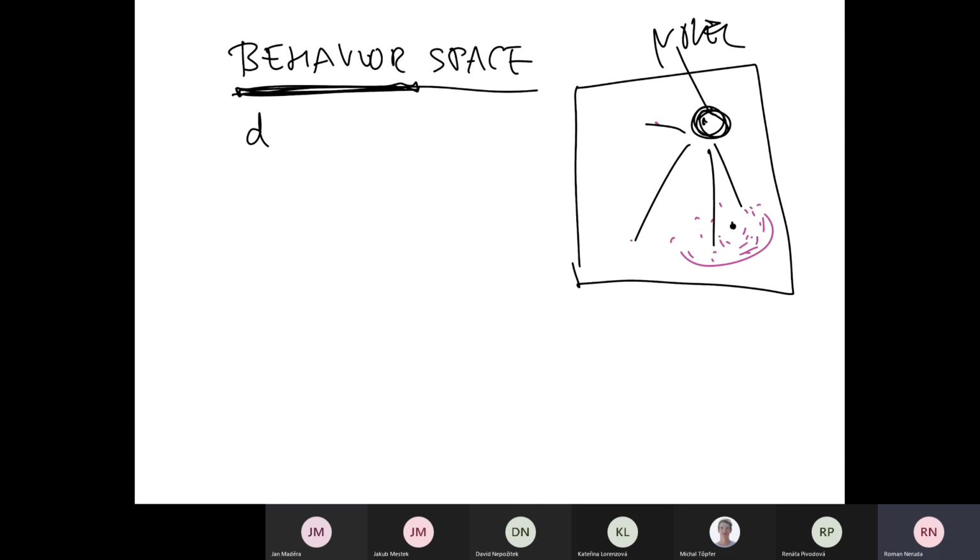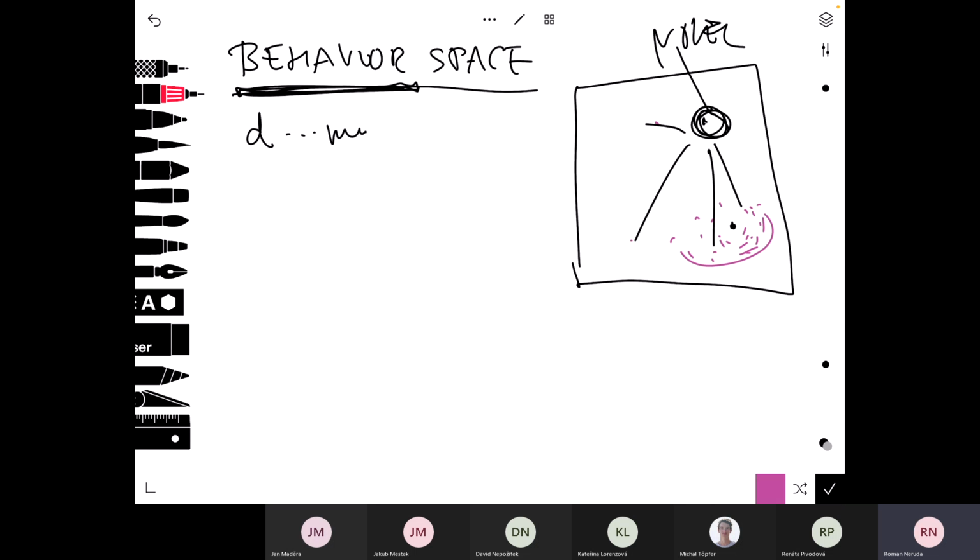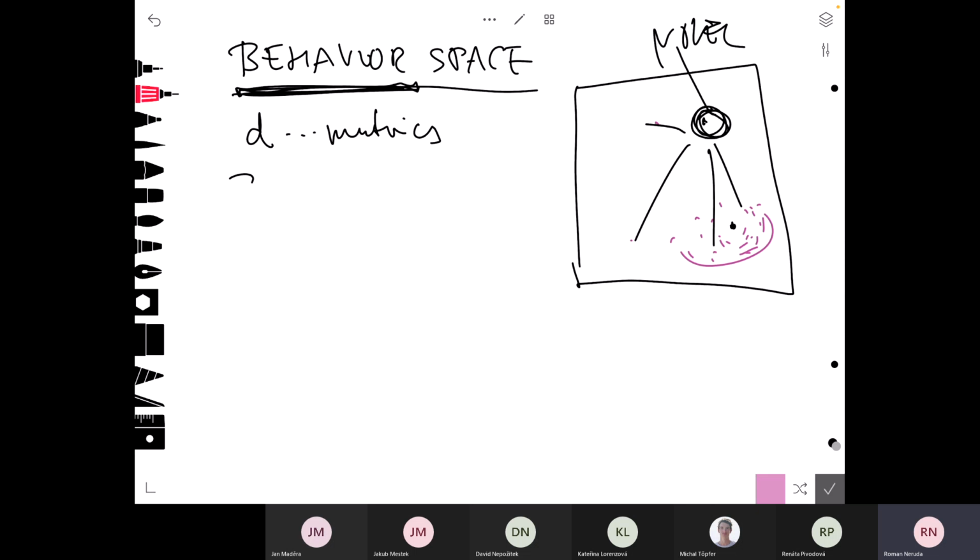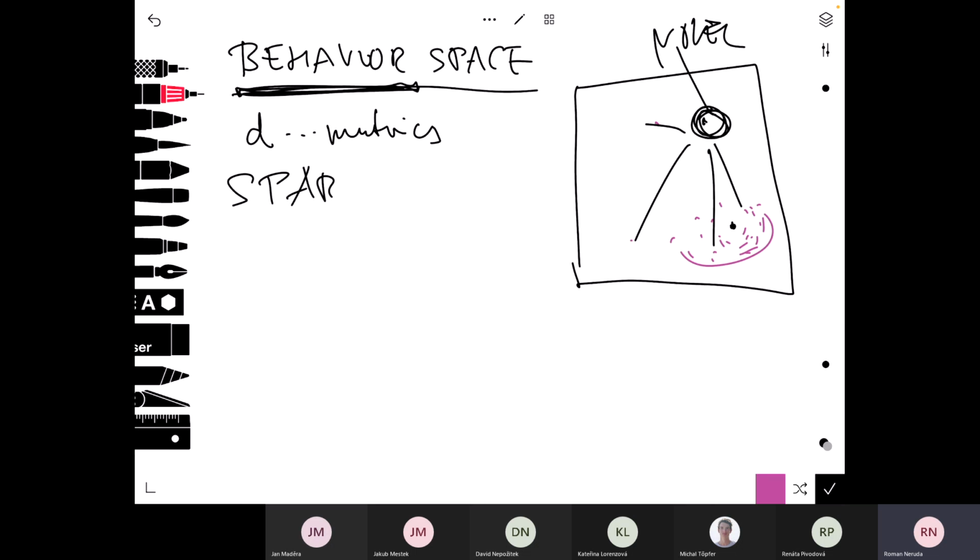So you define a metric, a distance of two behaviors, and then you define some kind of coefficient saying how dense is my neighborhood or how sparse is my neighborhood, right? So you define sparseness.